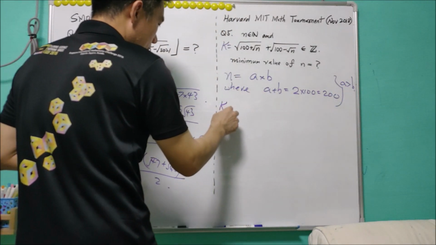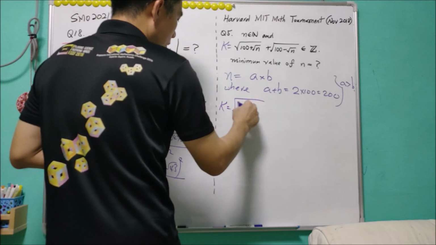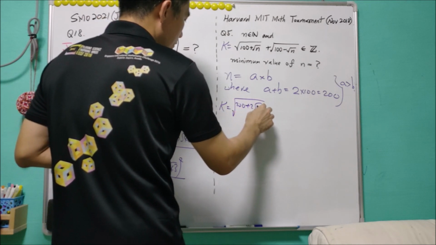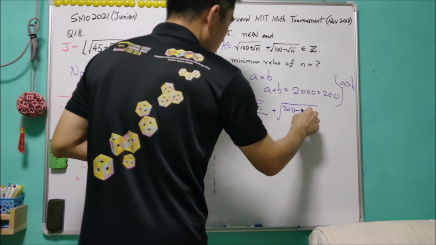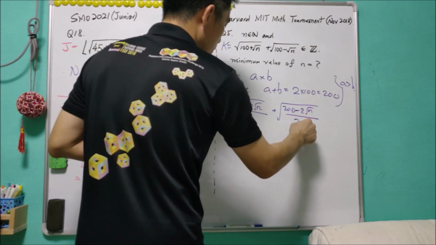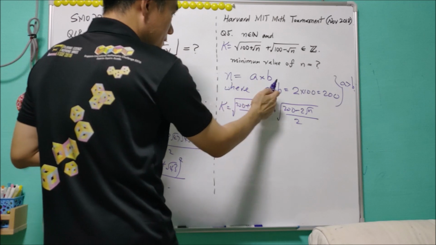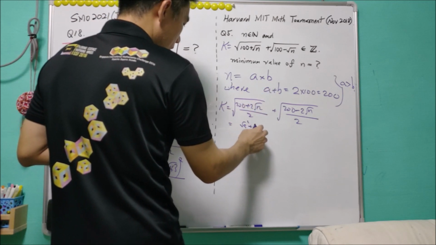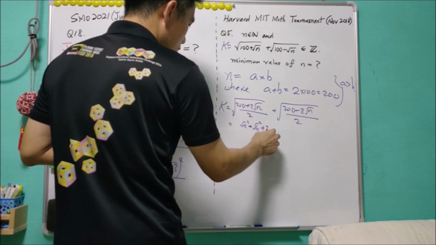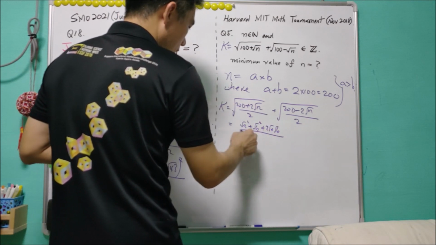With this, k will equal square root of (200 plus 2 square root of n) over 2, plus square root of (200 minus 2 square root of n) over 2. 200 is equal to a plus b. So this is square root of a squared plus square root of b squared plus 2 square root a square root b, over 2.